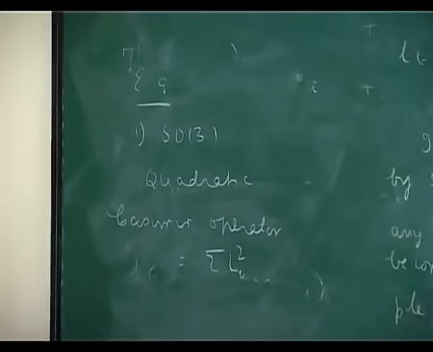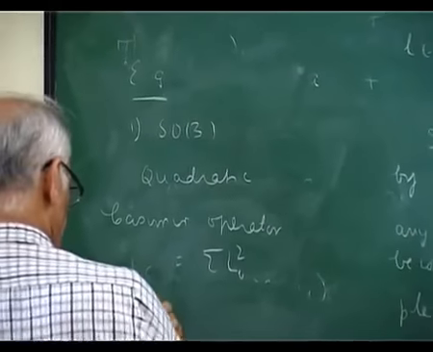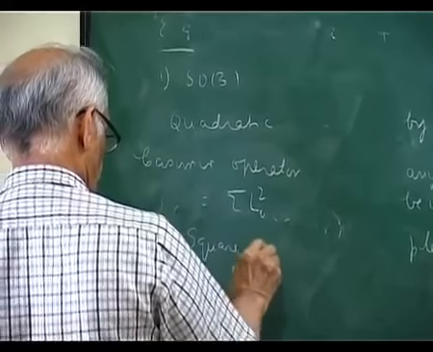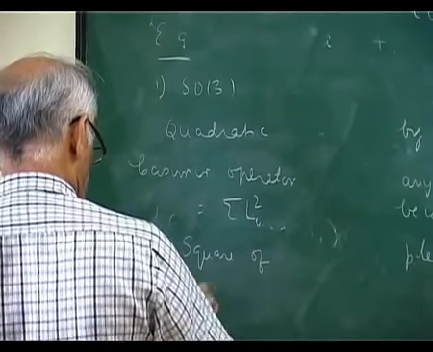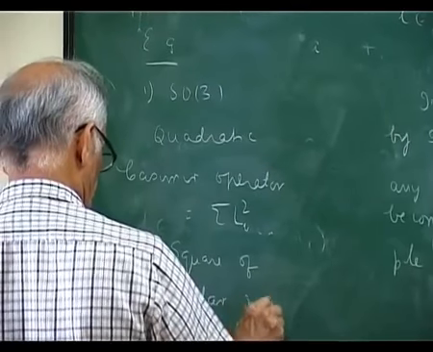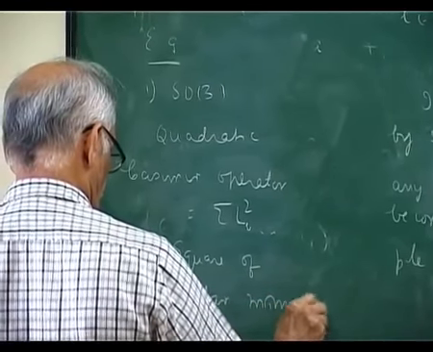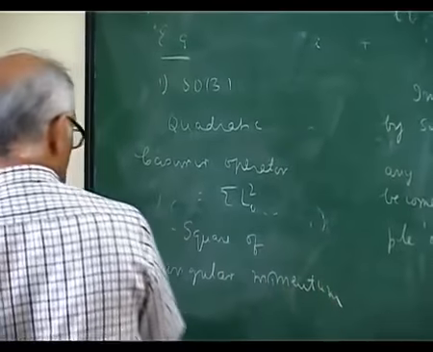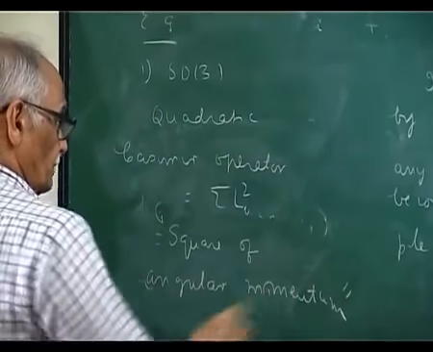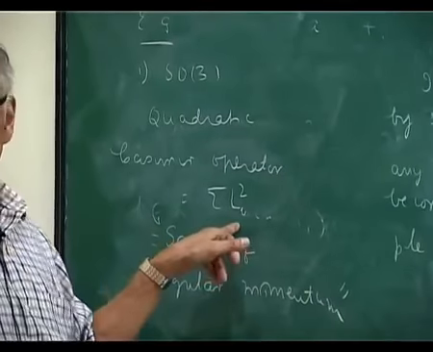This L squared is the angular momentum, right? This is what we call it. They commute with all the elements Li.